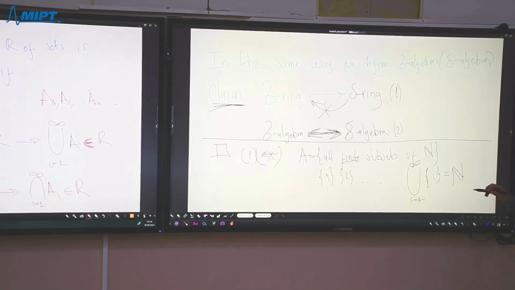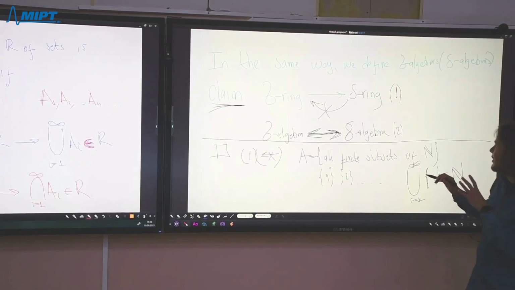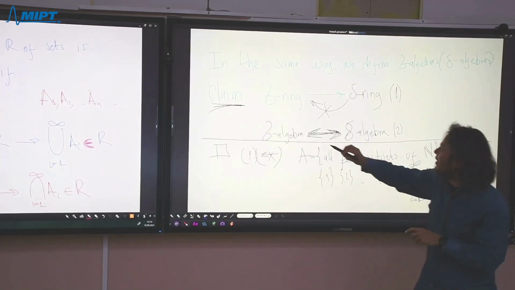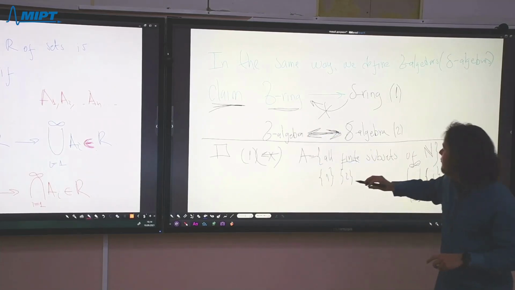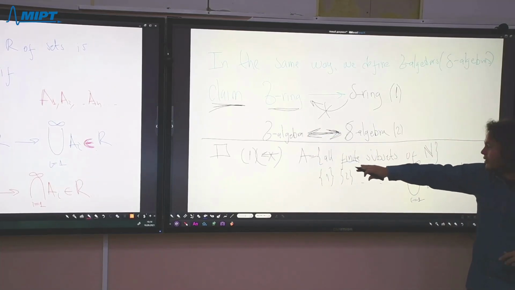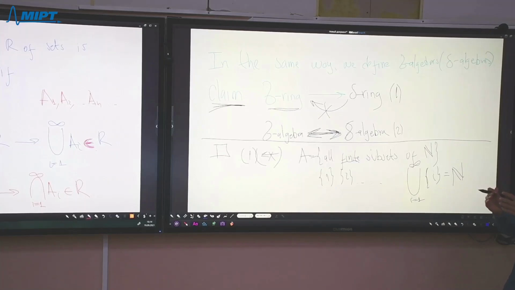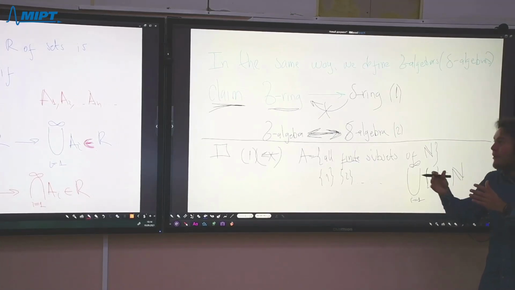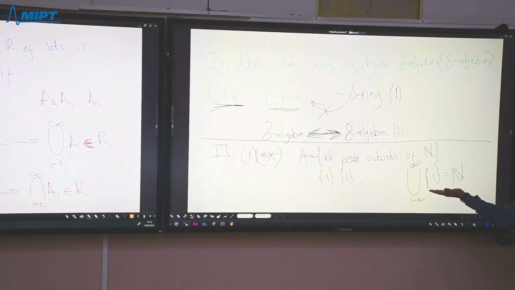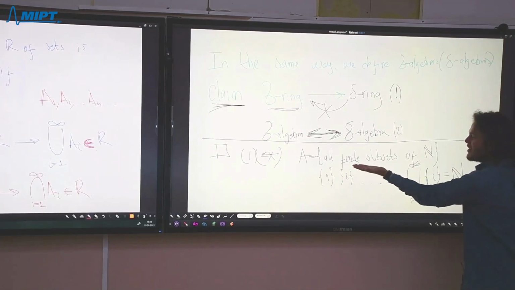Because for this to be a, sorry, not sigma, but delta. No, sigma, yes, sigma. If this set is a sigma ring, it means that the countable union of elements of this set is also an element of this set. And the countable union of these elements gives us n, the set of all natural numbers. But A is the set of all finite subsets.